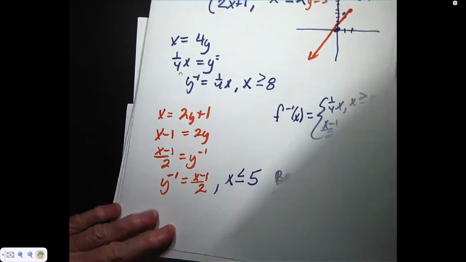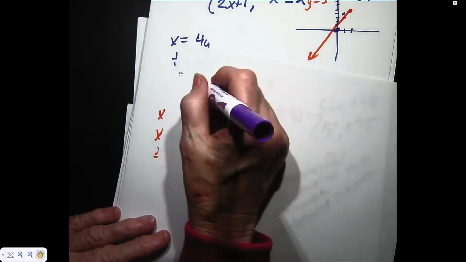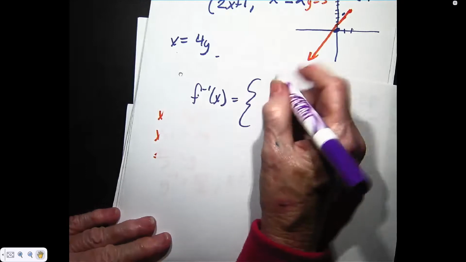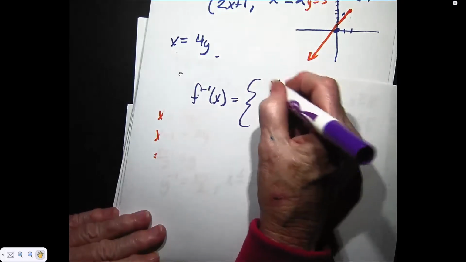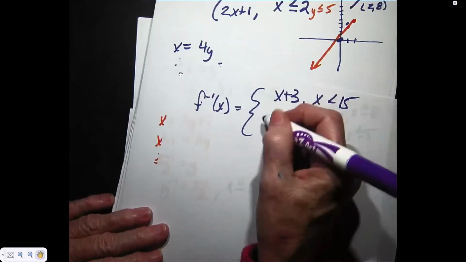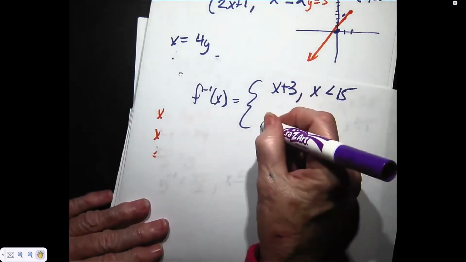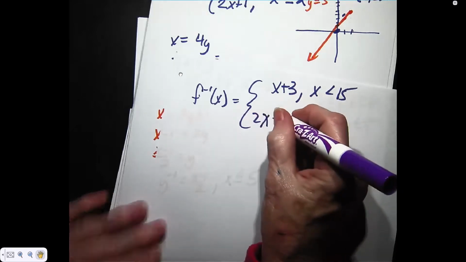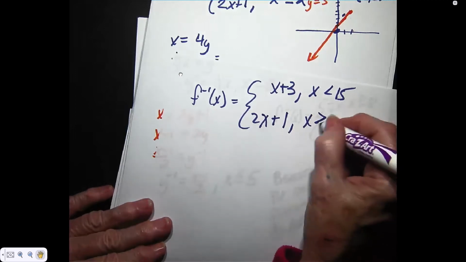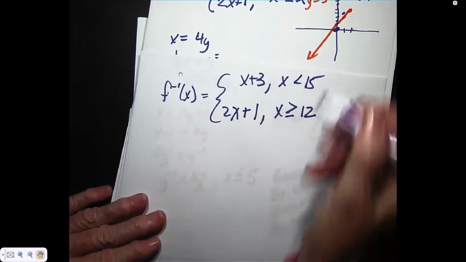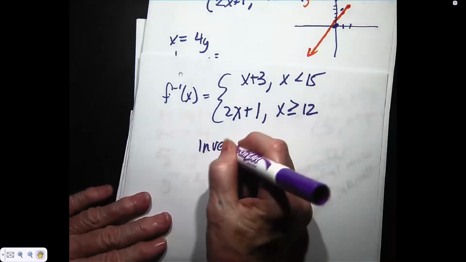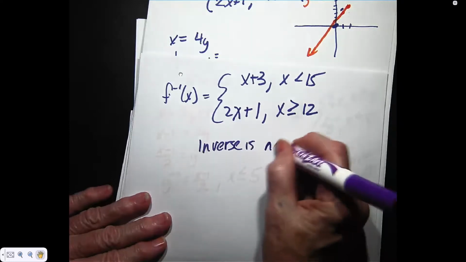But if you had had f inverse of x is equal to, say, x plus 3 for x is less than 15, and 2x plus 1 for x is greater than or equal to 12, these domains cross, so the inverse is not a function.